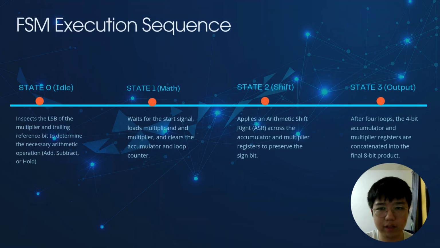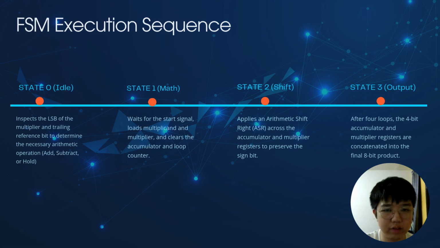Next is the FSM execution sequence. We have 4 states, and I will briefly explain them. State 0 is the state where the values load into the code. Then state 1 is where the math operations occur, determined from state 0. We have addition, subtraction, and no operation.